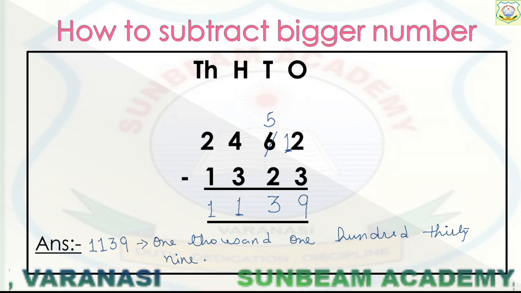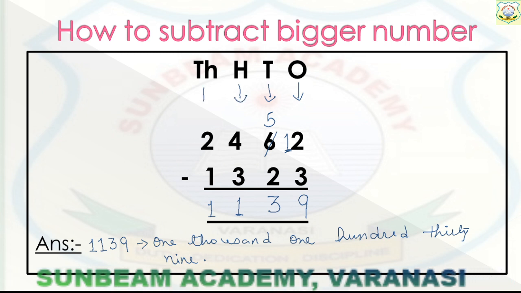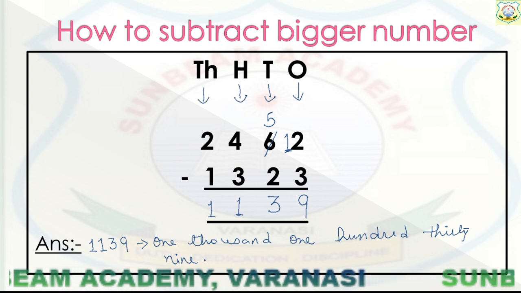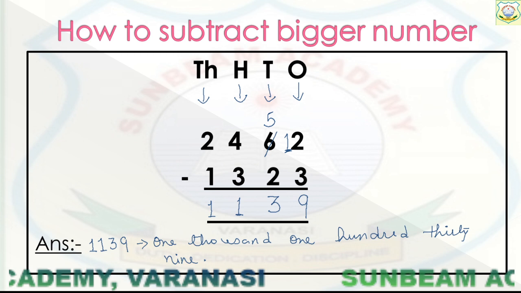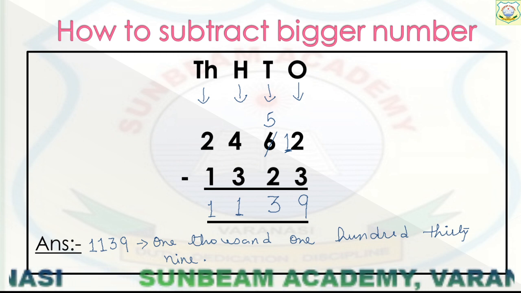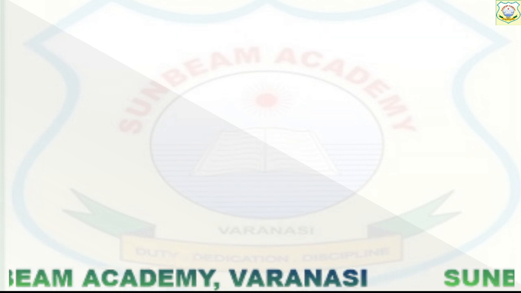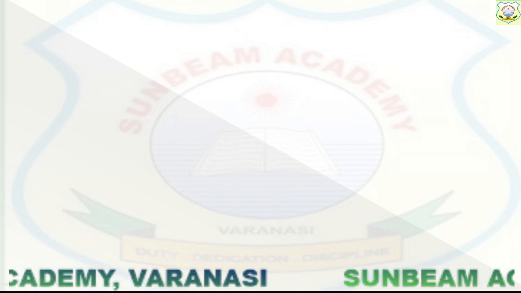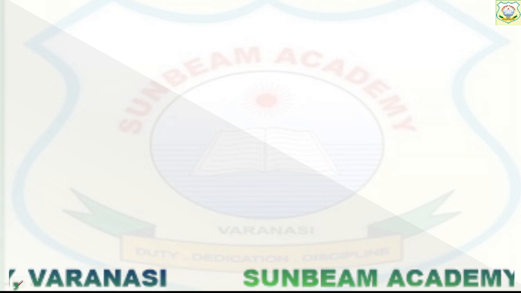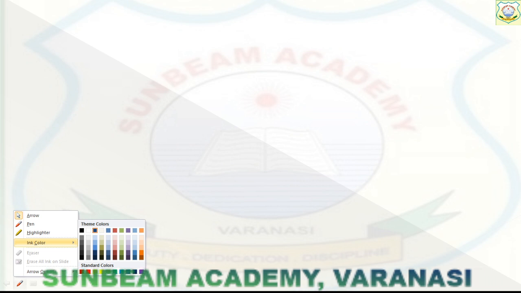So first we have subtracted the ones place, then the tens place, then 100, then 1000. That is why it's a bigger number, right? So after that, now let's do a few examples. Okay, I'm just explaining here, no need to write in your notebooks, right?